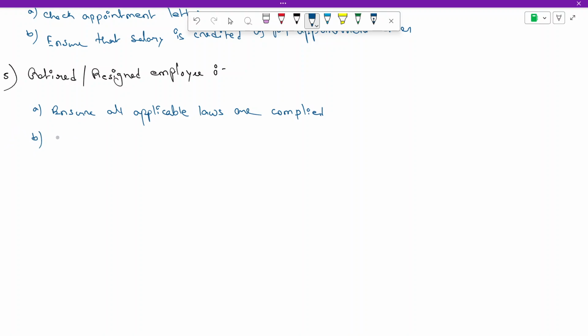Examine the recomputation and examine the acknowledgement provided by employee.